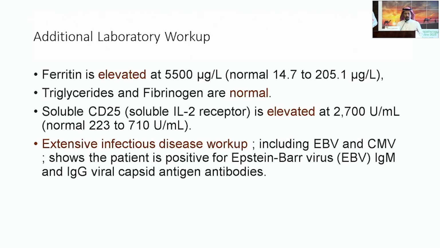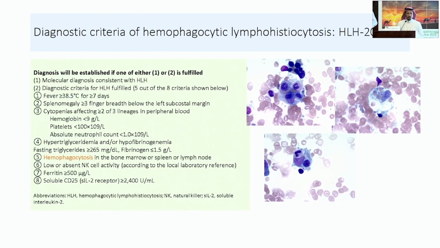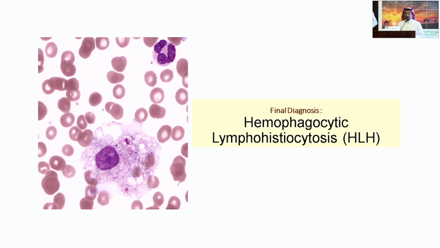They also investigated for viral infection. They reached the diagnosis of HLH on the basis of hemophagocytosis, high ferritin, high soluble CD25, fever, splenomegaly, and thrombocytopenia. So this is a classical scenario for HLH.